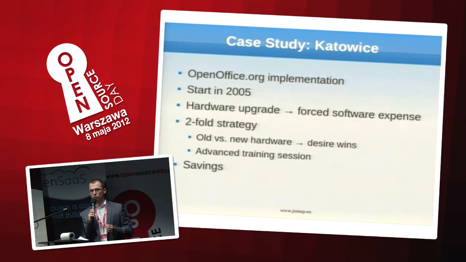The rest was running both OpenOffice and the proprietary Office suite. And back then, they were able to share with us some of the information, how much they saved. And for the 350 PCs, by not buying proprietary licenses for the Office, they managed to save over 100,000 euros.